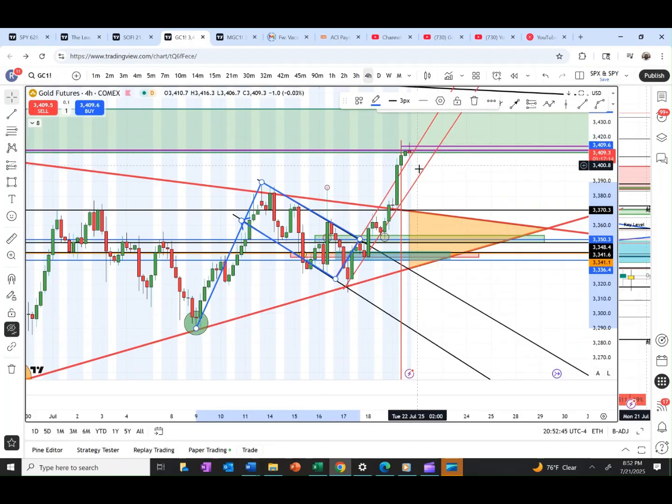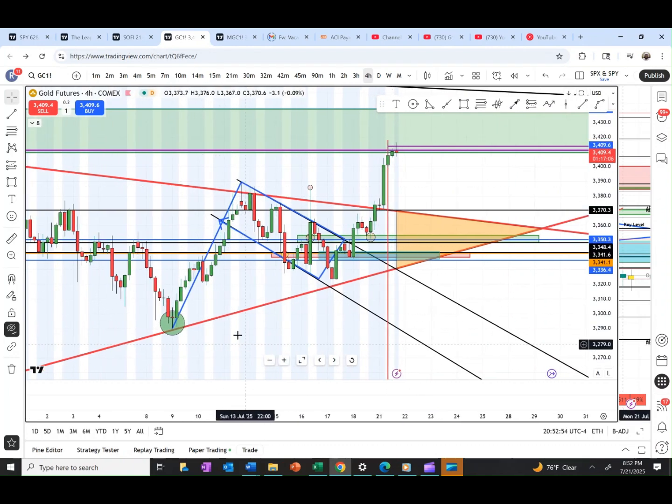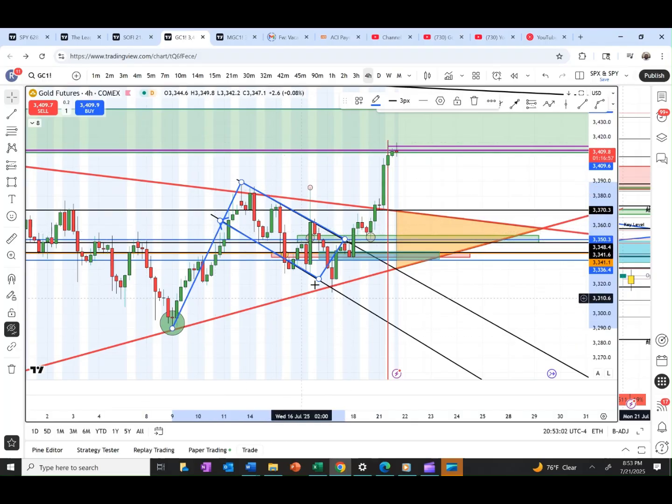Let me take off some of this real quick so we can clean this up slightly. So I saw this bull flag form, and let me take it off now so you can visually see the flag. That's the blue outline right there. I'm going to take that off.